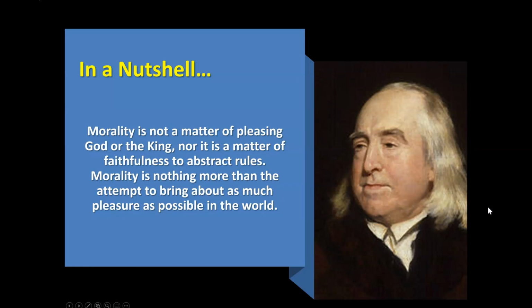So, utilitarianism in a very basic nutshell. The issue of morality: it's not a matter of pleasing God or the king, nor is it a matter of faithfulness to abstract rules. Morality is nothing more than the attempt to bring about as much pleasure as possible in the world.